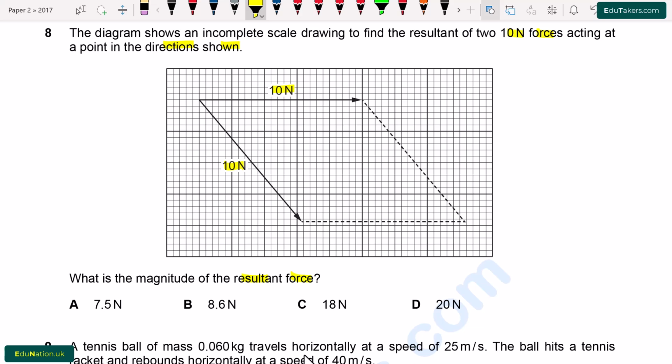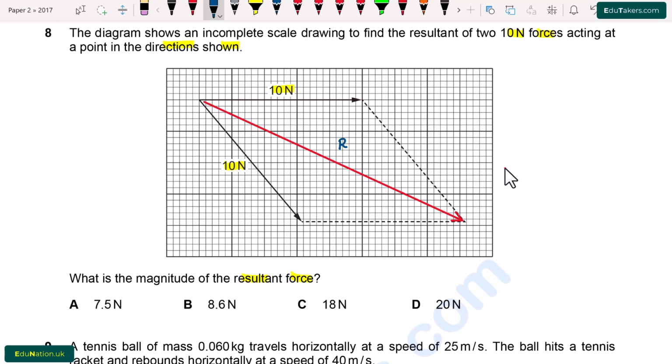So I am going to draw. So this vector is basically the resultant. I write here R.